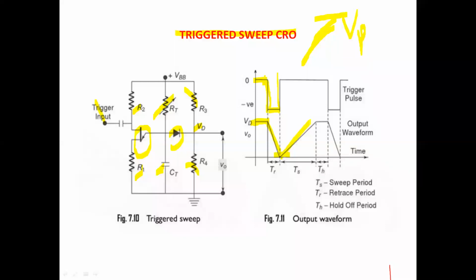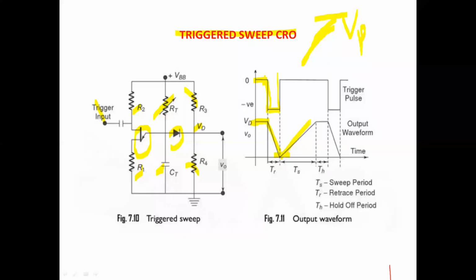So instead of continuously generating the sawtooth waveform, in the triggered sweep CRO the charging and discharging are initiated only when a negative going pulse is generated.